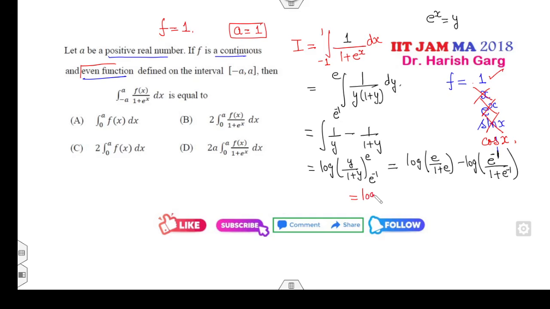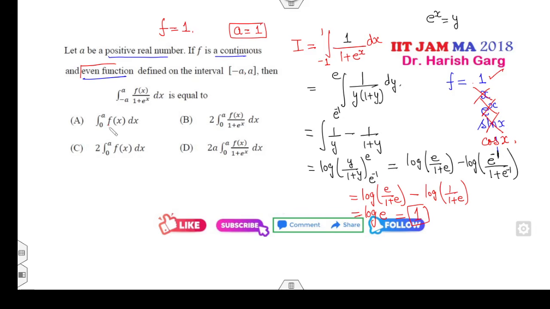I can take the LCM, that number will be 1 over e, so that will be 1 over 1 plus e. Log m minus log n is log m over n. That gives you log of e, and log of e is 1.